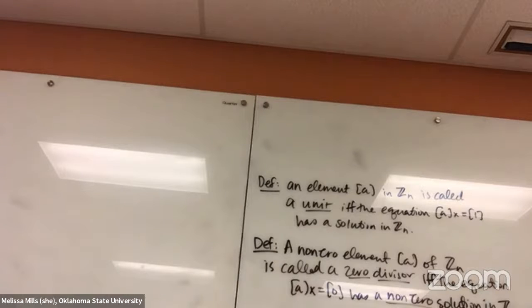If A is not zero and B are elements of Zn, and AX equals B has no solutions in Zn, prove that A is a zero divisor.